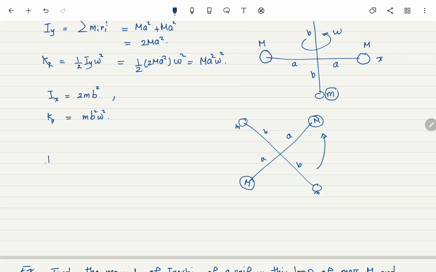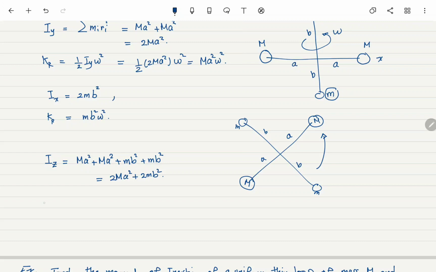The moment of inertia around the z-axis is equal to M a squared plus M a squared plus small m b squared plus small m b squared, in other words 2M a squared plus 2m b squared.